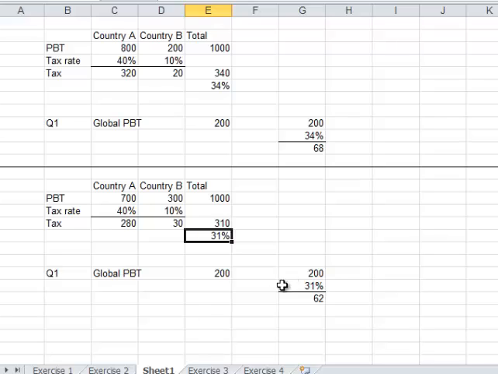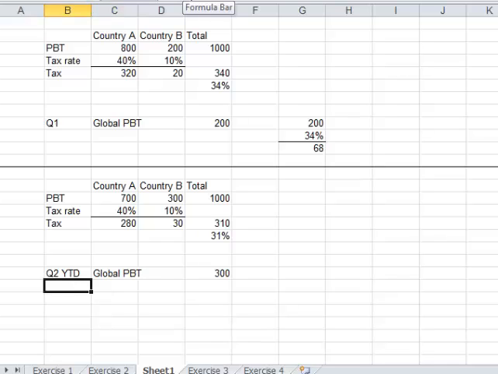Okay, so now let's assume that my Q2 year-to-date global PBT is 300. Okay, which means I had 100 in the quarter. All right.